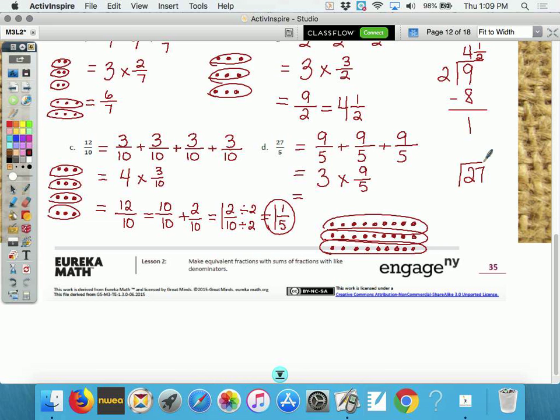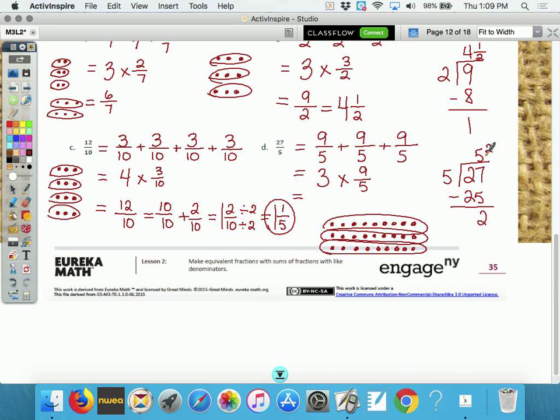Okay. Now, we're going to try long division for this one. The further apart the numerator and the denominator get, the more often this works best. But see, 12/10 was so close together, I could do that in my head, couldn't I? Okay, so 5 times what? 5 times 5 is 25. 27 minus 25.